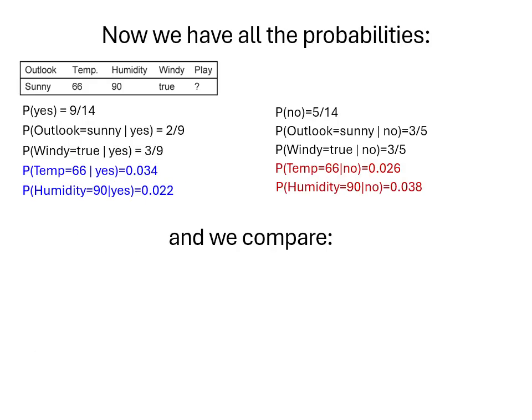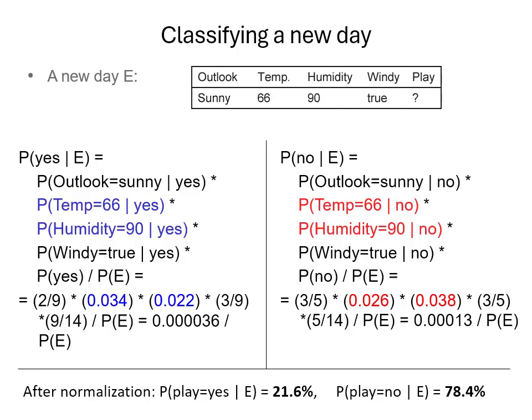Now we have everything we need in order to compare the probability of yes given this set of evidences versus the probability of no. Naively assuming that all these attributes are conditionally independent, we just multiply those probabilities and multiply them by the prior probabilities of yes and no, and we get the following proportions.